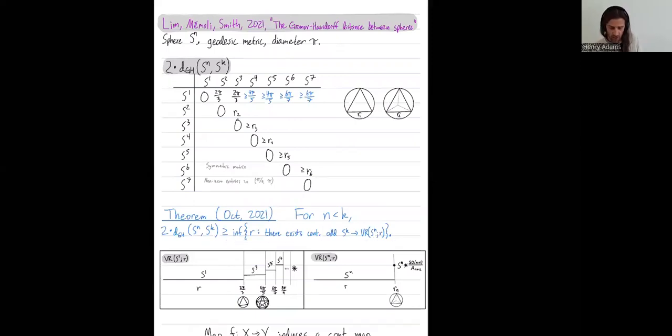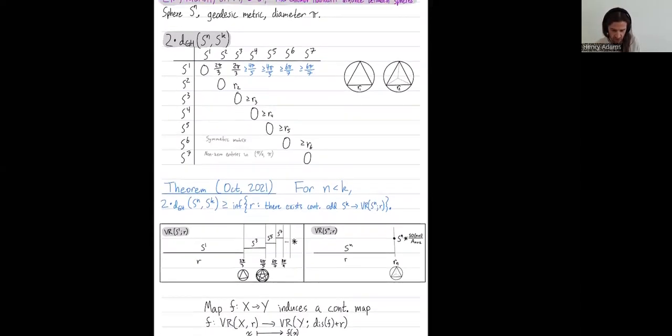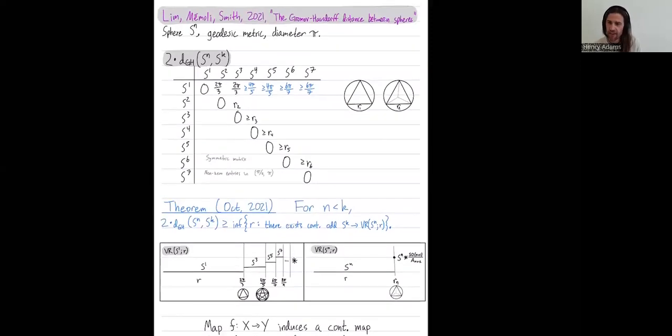So the idea that was really introduced here is equivariance, from the Borsuk-Ulam theorem. You need equivariance to get these tighter lower bounds. I think Rips complexes and Gromov-Hausdorff distances are very closely related, and we're only now starting to understand the precise relationships between them and how to make those relationships tighter.